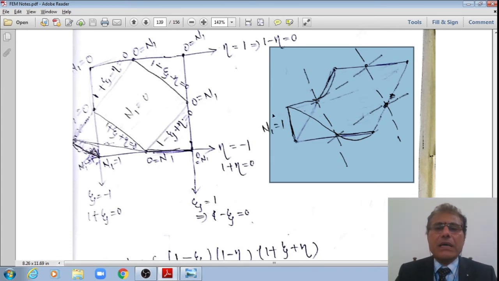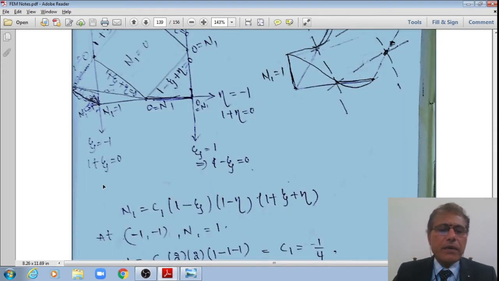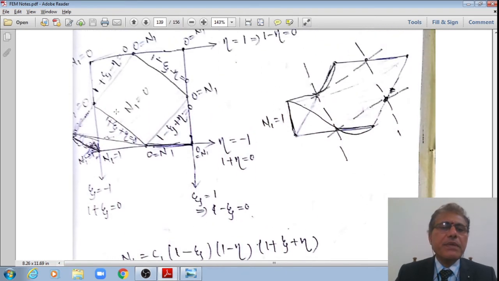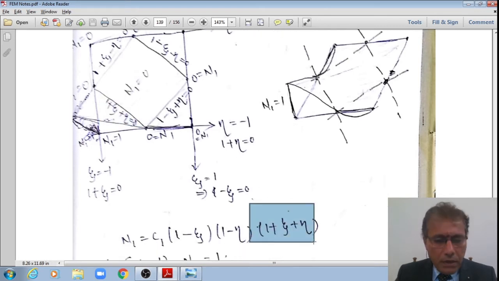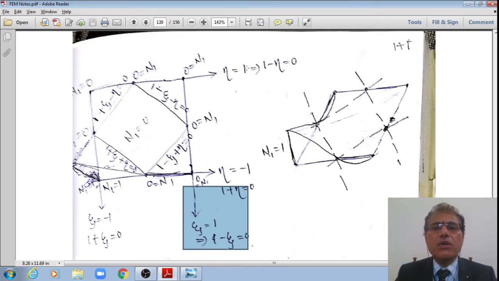Hence now I can write that N1 can be written as a constant c1 multiplied by the line where it becomes 0, whose equation is 1 plus xi plus eta, using the product rule, as well as it becoming 0 along xi is equal to 1 as well as eta is equal to 1.